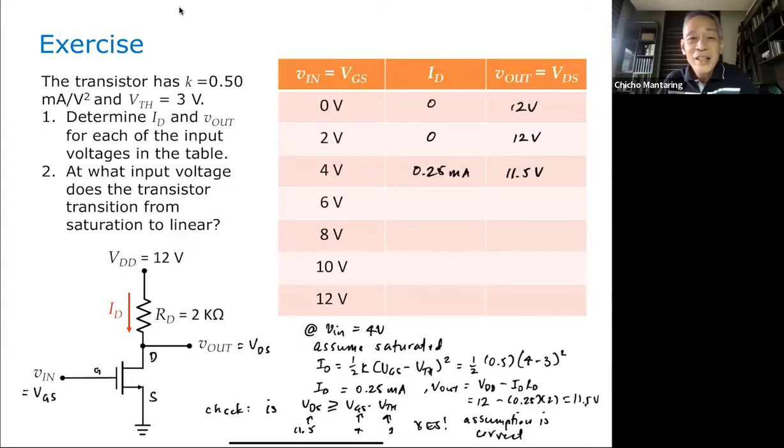Team C, careful with your units, okay? Actually, you didn't put the units.